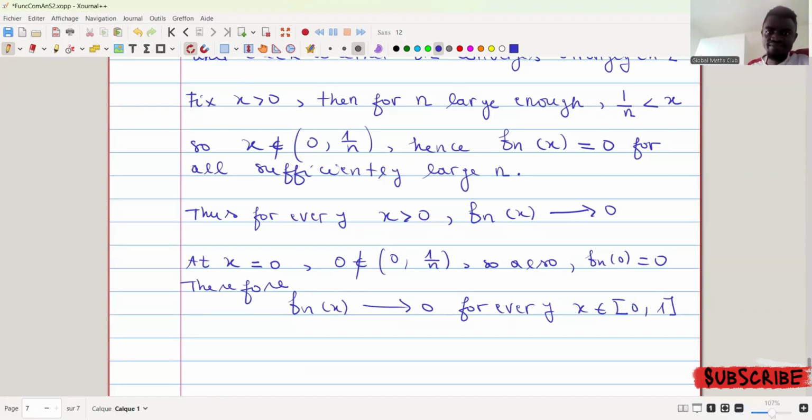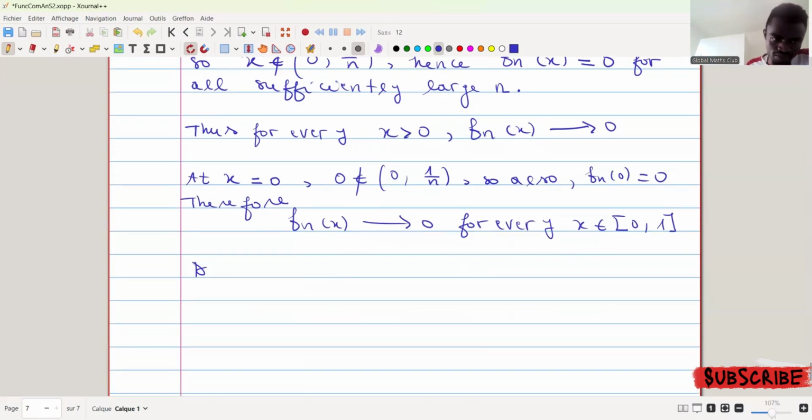Now the next thing is to check: does Fn converge strongly, so does Fn go to 0 strongly in L2?